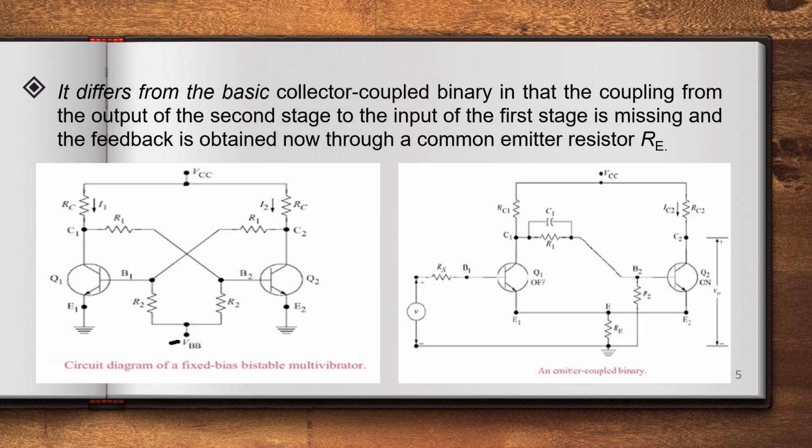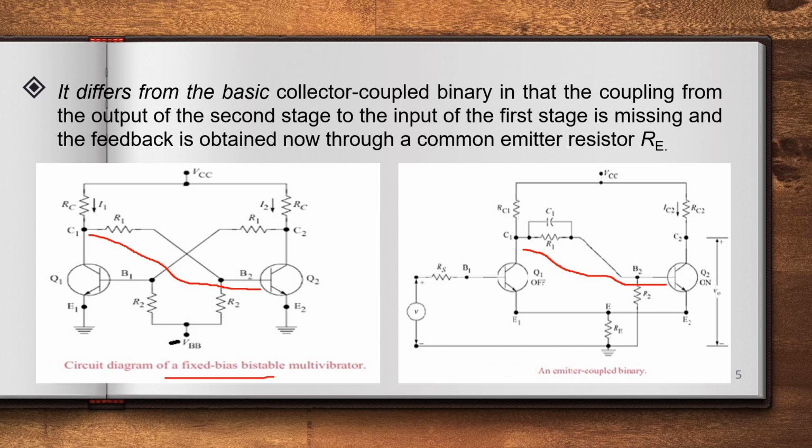Basically, it differs from the basic collector coupled binary. In the collector coupled bistable multivibrator, the output of the first stage is connected to the input of the second stage. Here similarly, the output of the first stage is coupled to the input of the second stage.